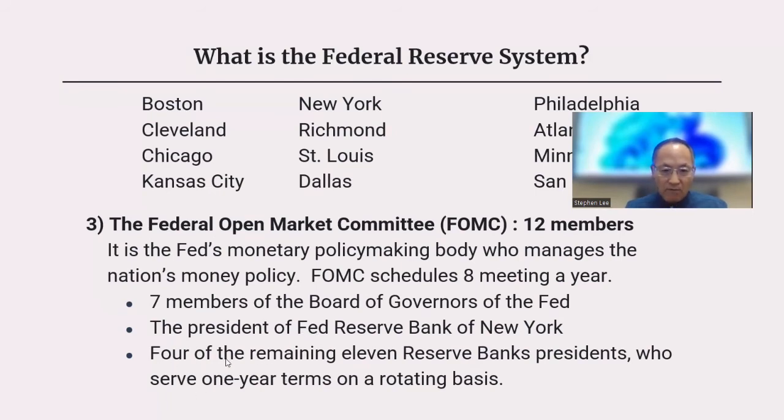And 4 of the remaining 11 Reserve Bank presidents serve 1-year terms on a rotating basis. So it is 7 Board of Governors, then 1, the president of the Federal Reserve Bank of New York, and then 4 members, so 12 members in total.